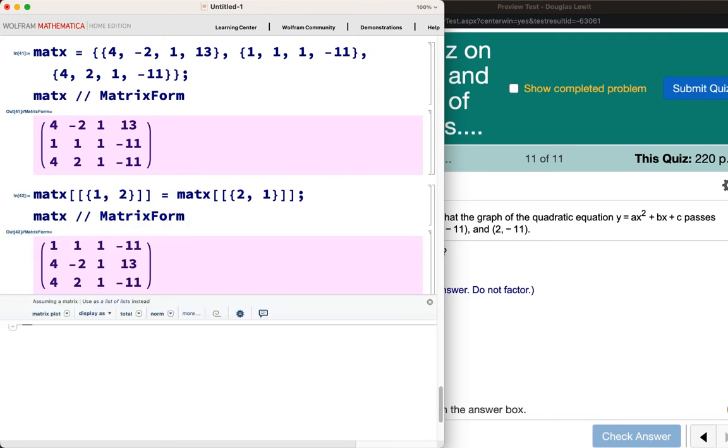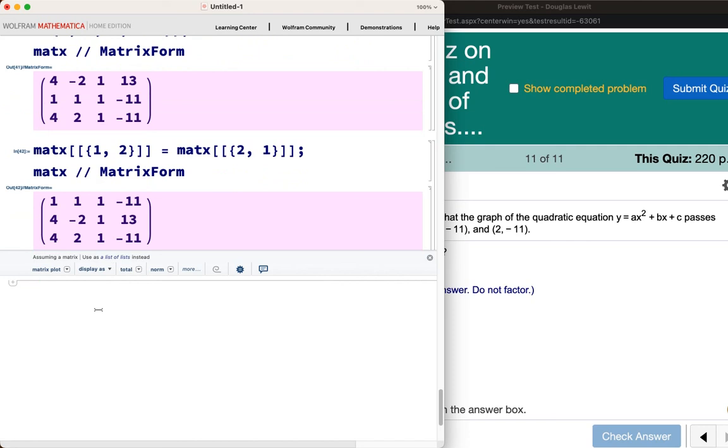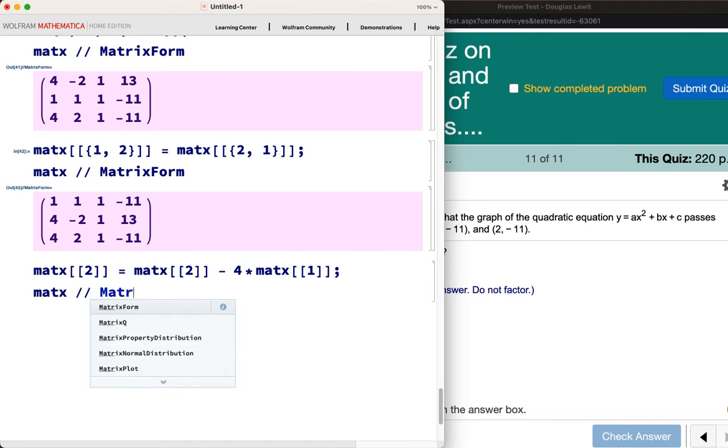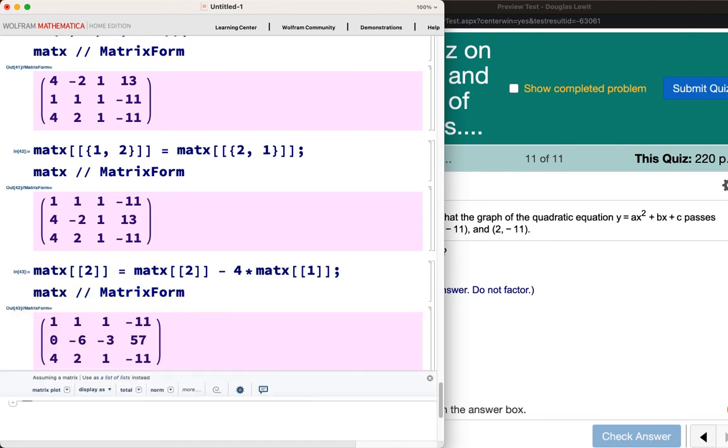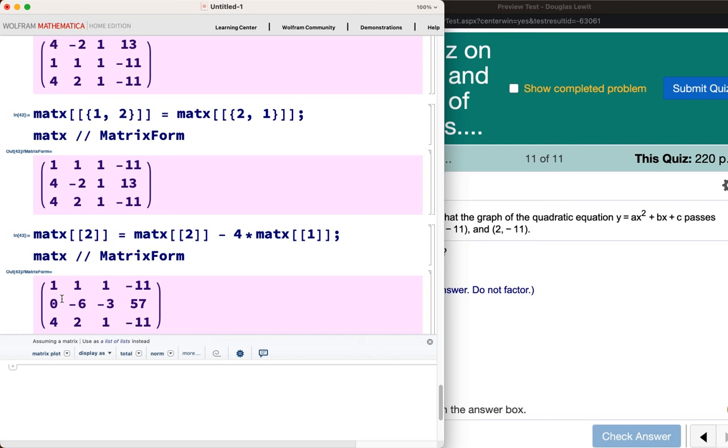Matrix form. Okay. So now let's manipulate the second and third rows. The second row minus 4 times the first row. So now we have a 0 below the 1, which is exactly what we wanted, right?